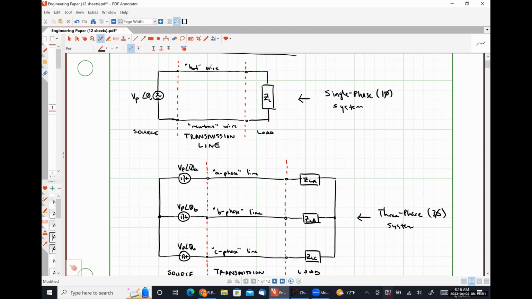So that is the principal reason that three-phase power is used in industrial settings: it provides a constant instantaneous power, and therefore all of the motors connected to it have constant speed, constant torque, and behave very well.